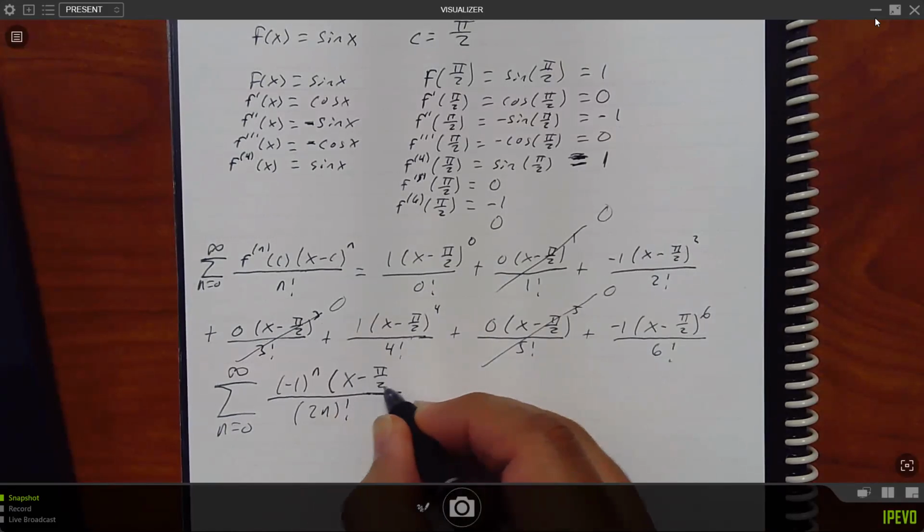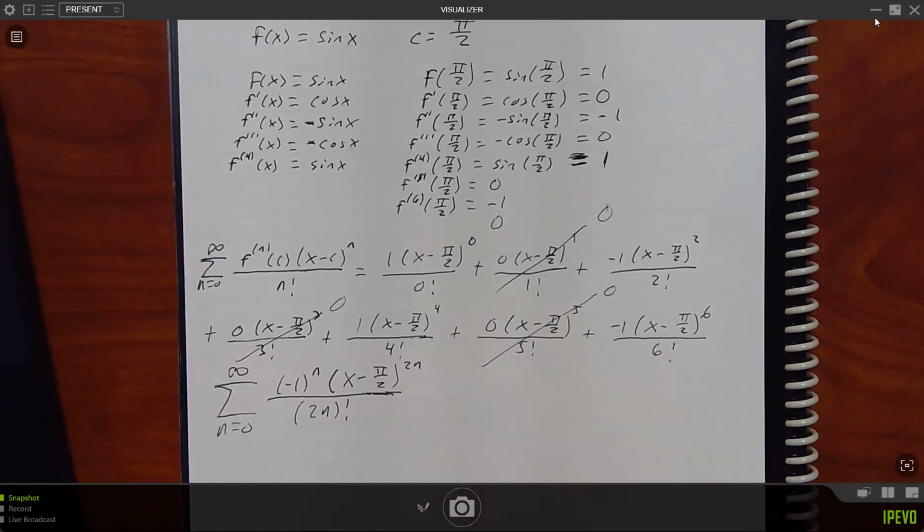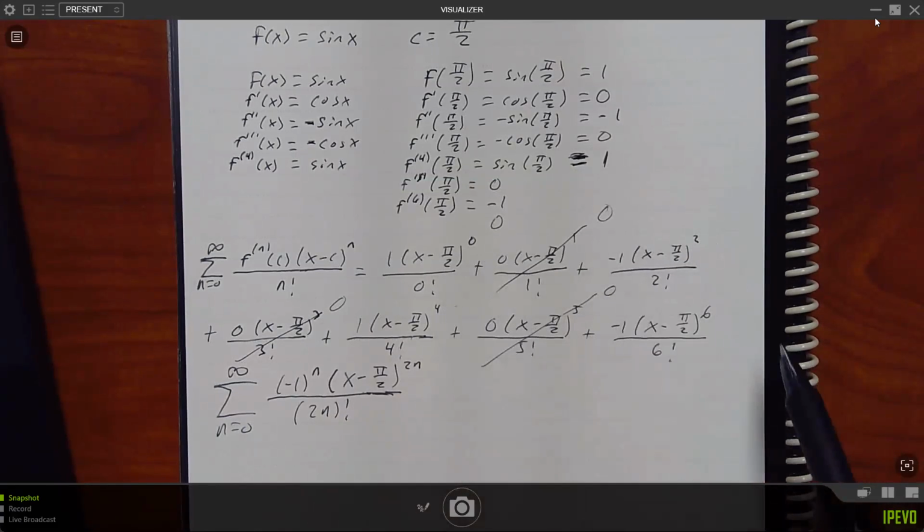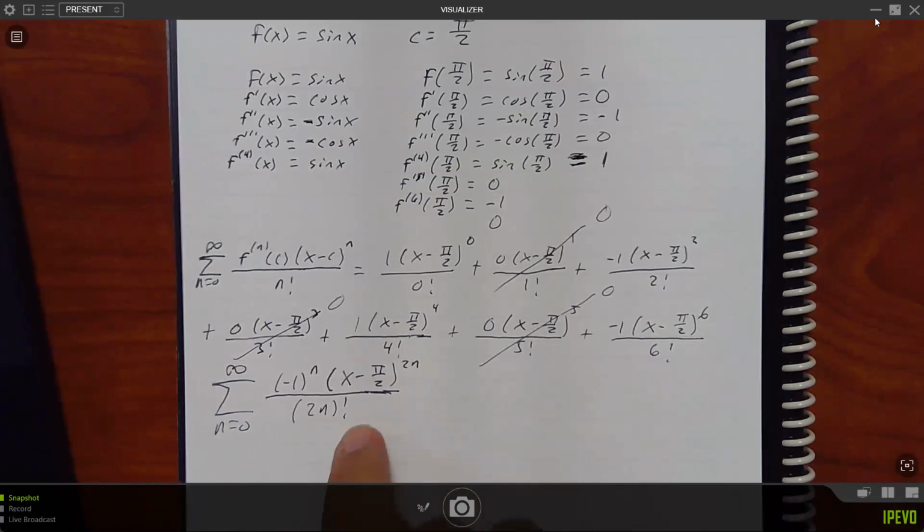Yeah. 2n power. You see how this will give me a 0, a 2, 4, 6 as this cycles through 0 to. So sine centered at pi over 2 will be represented by this guy.